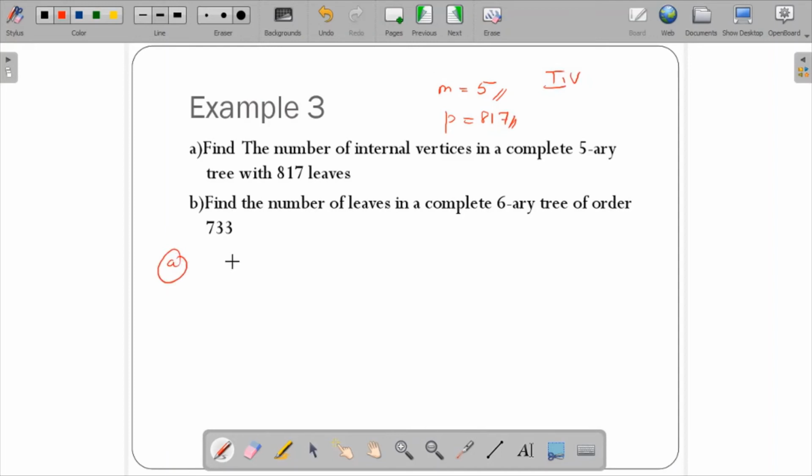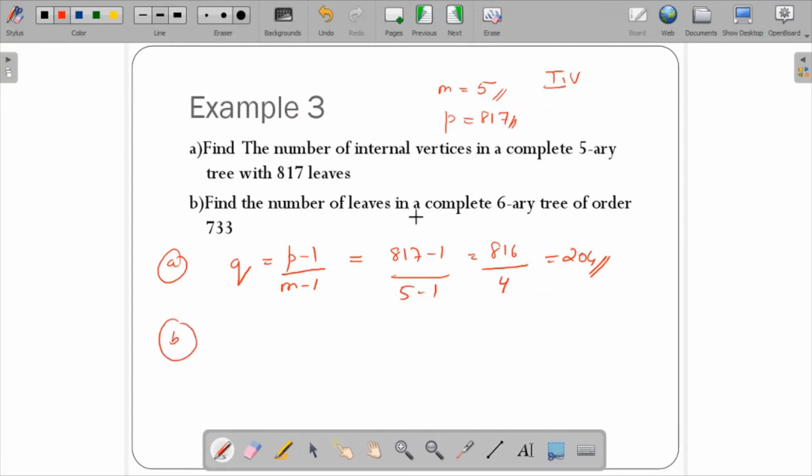I can use the formula q is equal to p minus 1 divided by m minus 1. So it is 817 minus 1 divided by 5 minus 1, which is 816 divided by 4. That gives 204. Thus the tree has 204 internal vertices.